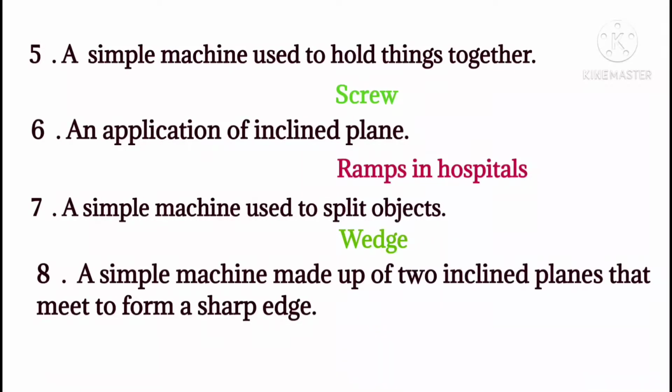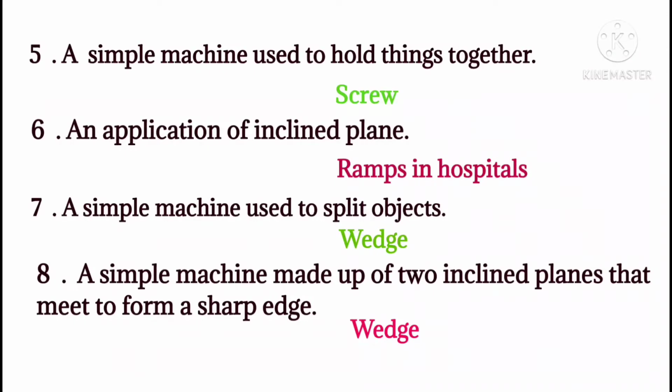A simple machine made up of two inclined planes that meet to form a sharp edge. That is wedge. Example, the head of an axe, cutting edge of knife, spear, etc.